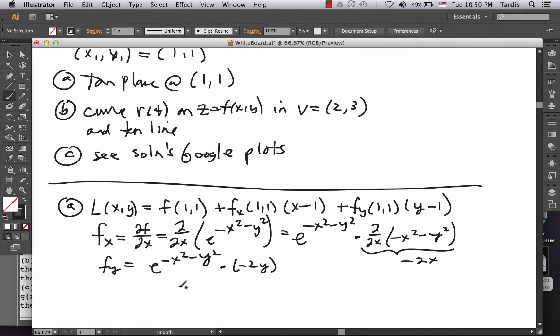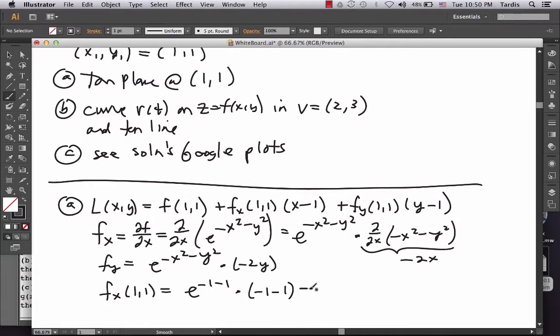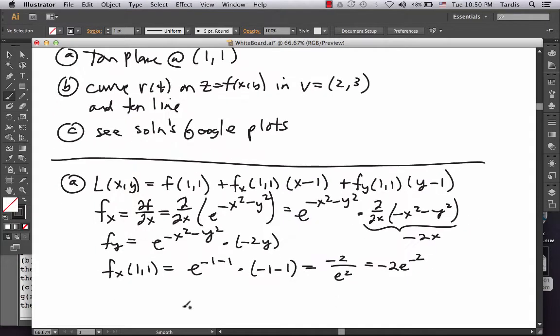Okay, pretty straightforward to compute these partials at the point 1, 1, for example. You will get e to the negative 1 minus 1 multiplied by negative 1 minus 1. And that turns out to be negative 2 over e squared, or negative 2 e to the negative 2.